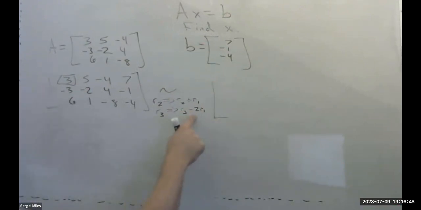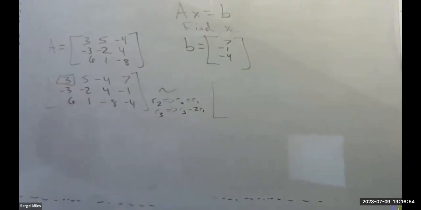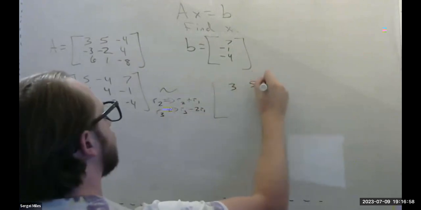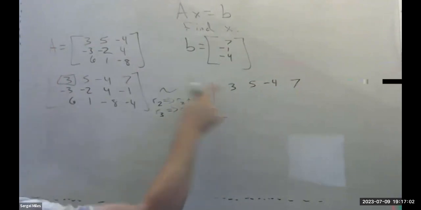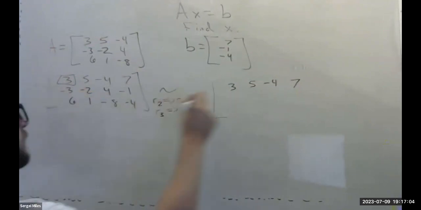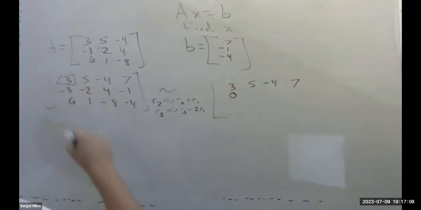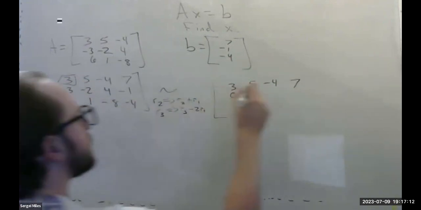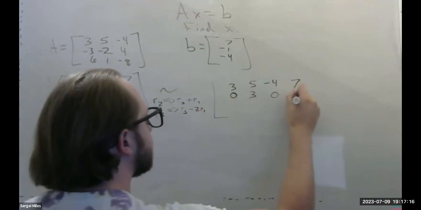All right, why am I doing this? I'm picking row operations which are going to create zeros below where I want the pivot to be. The first row doesn't change. The second row is going to become, I'm adding row 1. 3 plus -3 is 0. 5 plus -2 is 3. -4 plus 4 is 0. 7 plus -1 is 6.